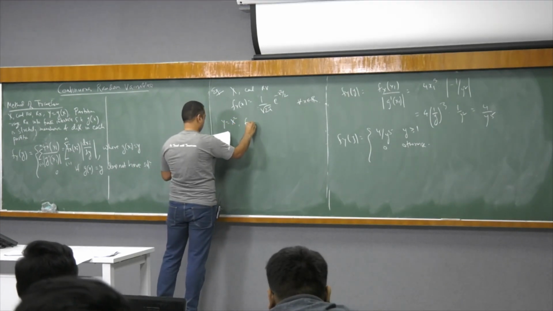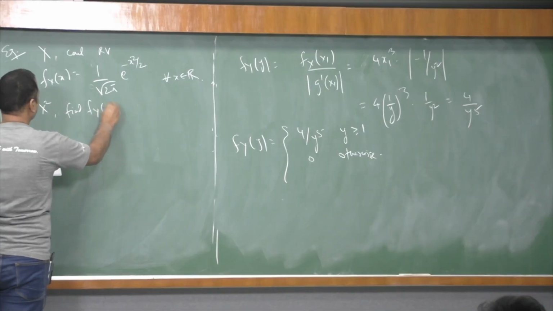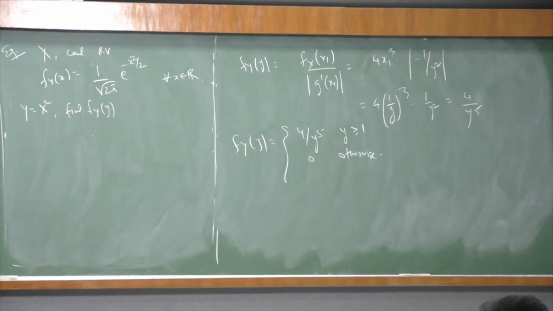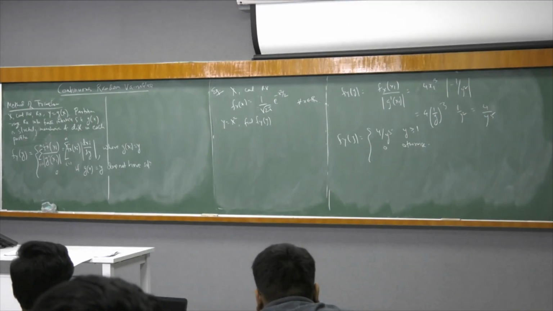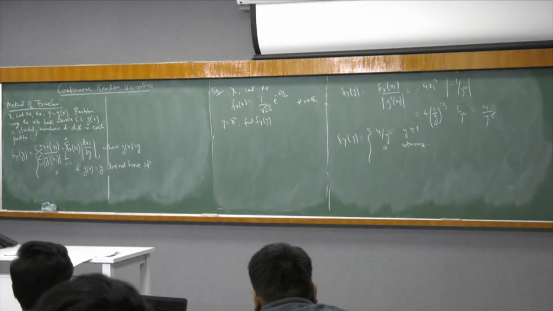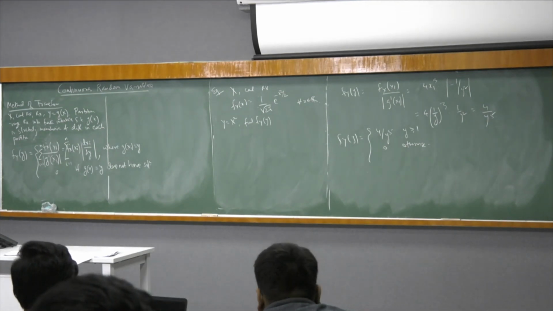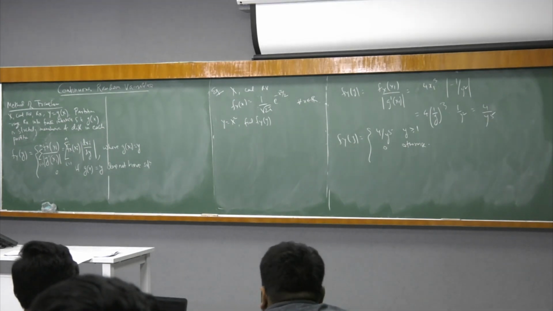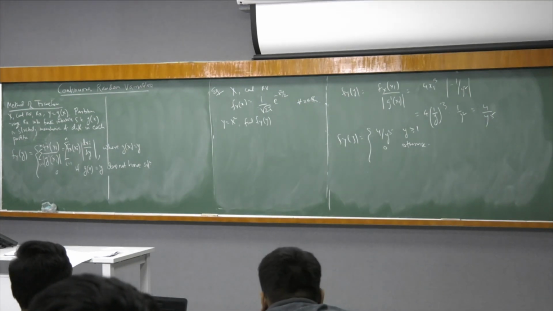Find f_Y(y). Now x square on the positive side increases, on the negative side decreases. So it's a parabola, and certainly it belongs to this case.